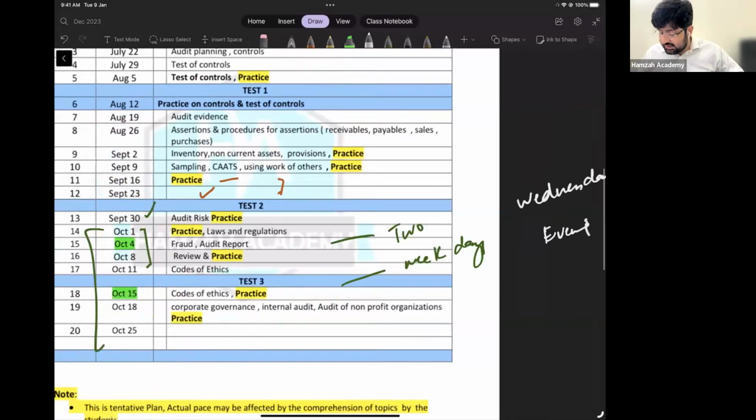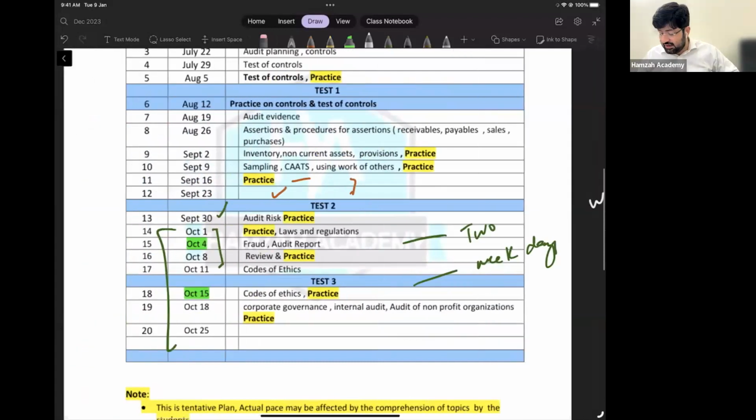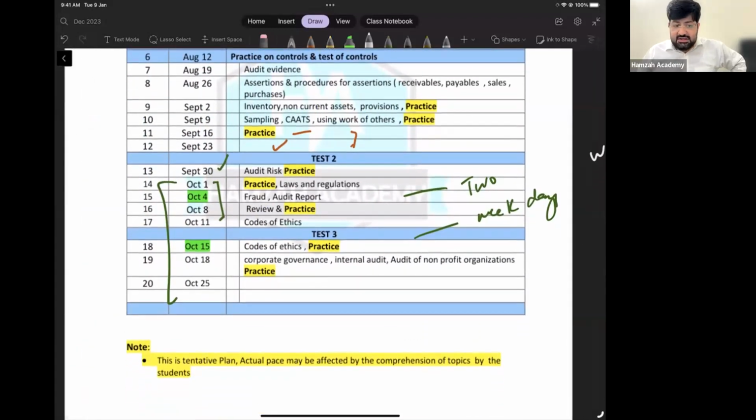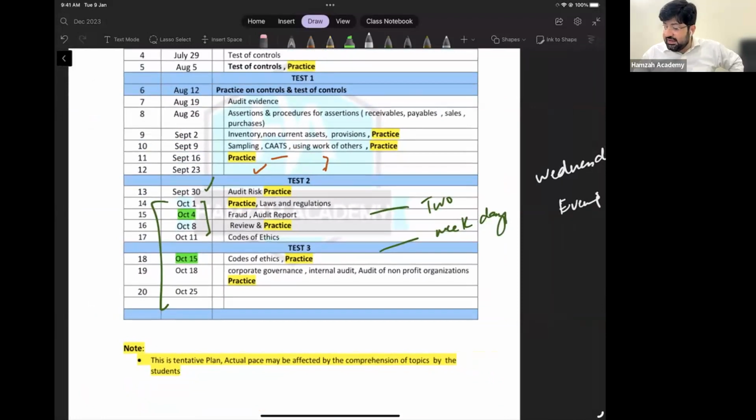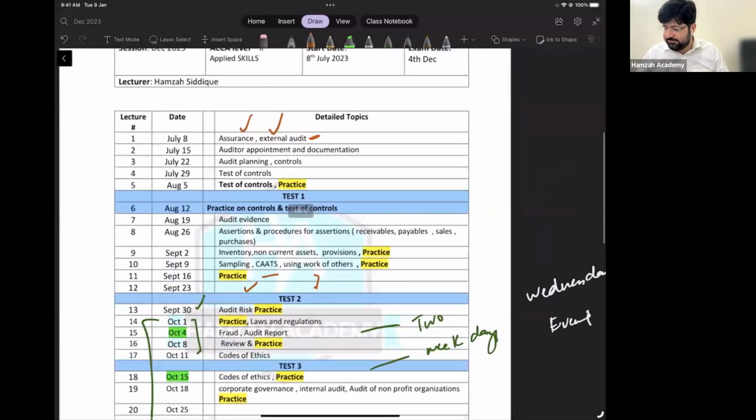So actually, the date has been missed. So students, this plan is basically a tentative plan, meaning my plan, which may be changed a bit depending upon the circumstances. A very small variation is possible there.